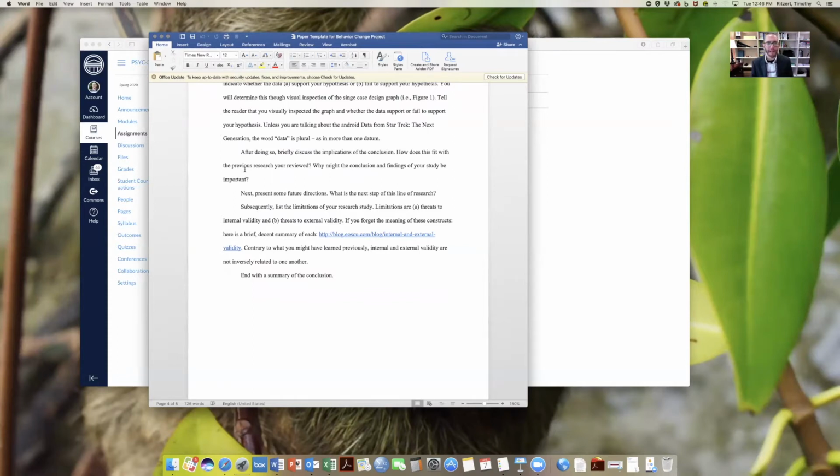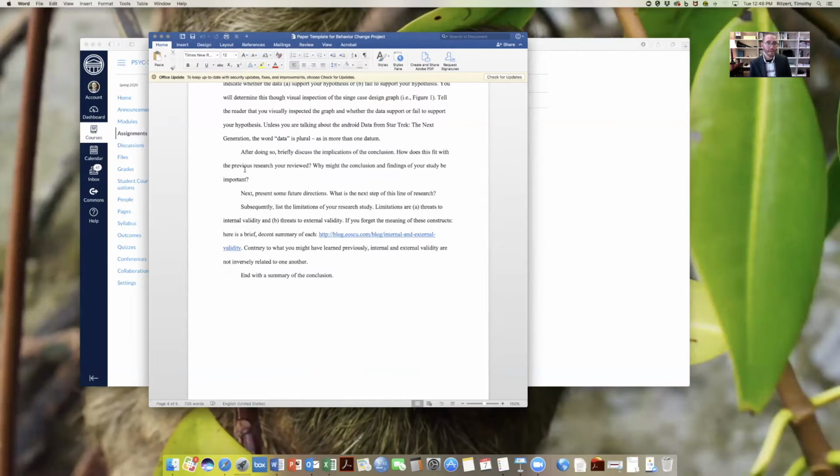How might you explain the findings from your study? Why might they be important? Next, present some future directions. So given the study you ran and its results, what's the next step? Might we want to evaluate this intervention maybe with a larger group of people, or under different conditions, or for a different type of problem?